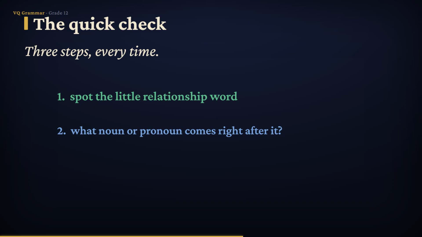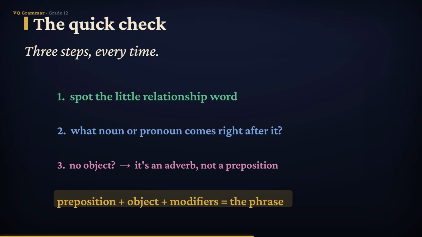Step 3. If nothing follows it at all, then the word isn't a preposition. It's an adverb in disguise. And once you've found the preposition and its object, remember the shape of the whole unit. Preposition plus object plus any modifiers. That is your prepositional phrase. Shall we try a few together?